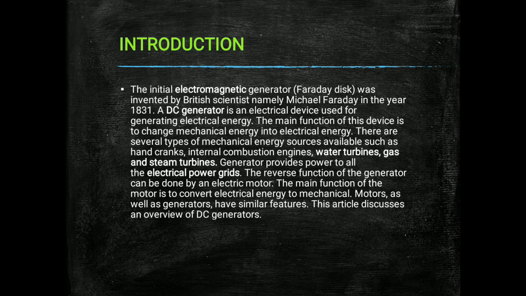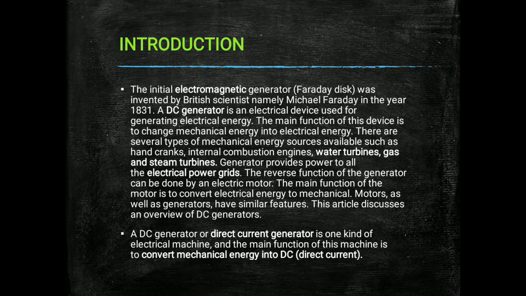The power generated in the generator is fed to the common power grid for stable distribution. So we can say a DC generator is one kind of electrical machine which converts mechanical energy into DC voltage or DC current.